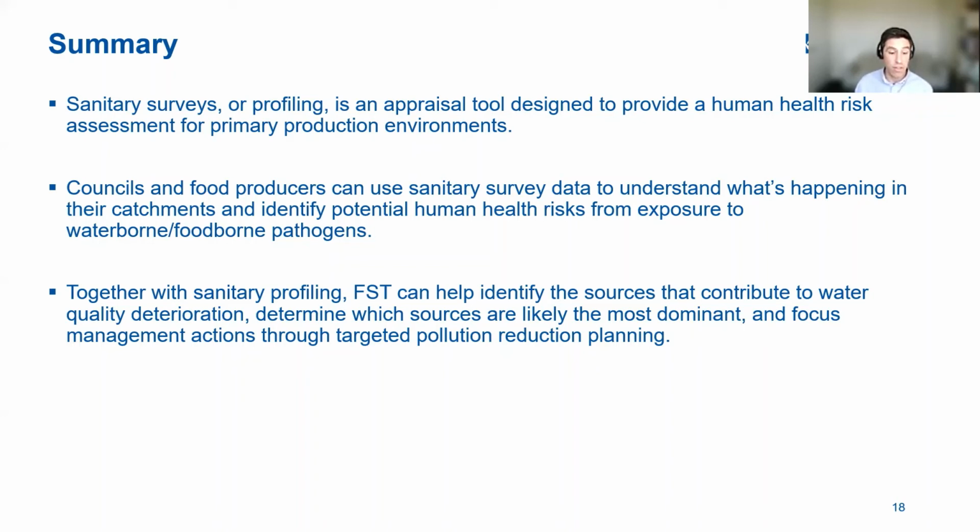And that information can also be used to improve monitoring. I've also shown that FST can be used in conjunction with sanitary profiling to identify sources that are likely most dominant in the catchment and focus management actions through more targeted pollution reduction planning.